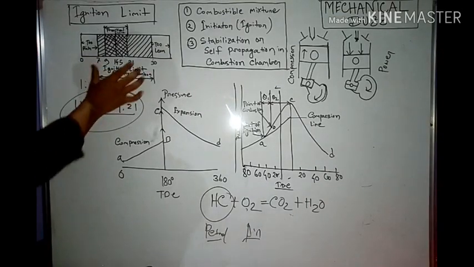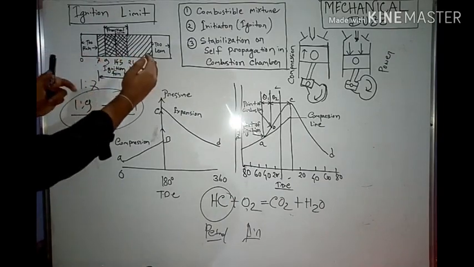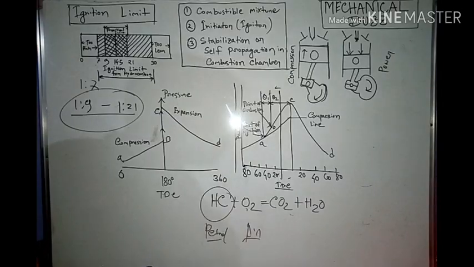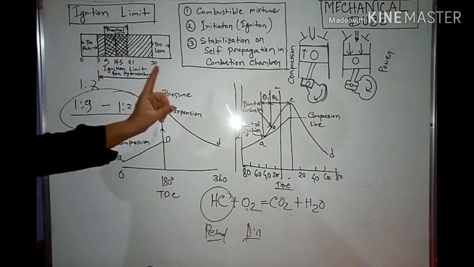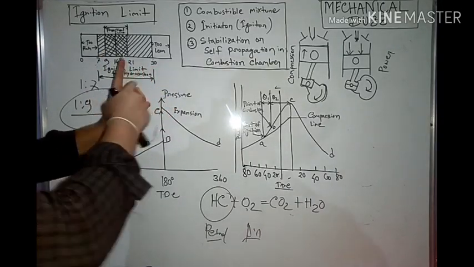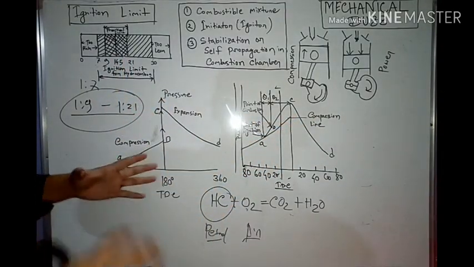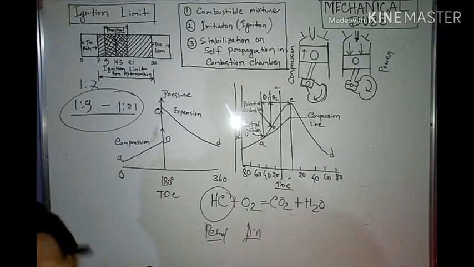So this is the ignition limit. Out of it, beyond 30 is too lean. If there is 1% of fuel and 30% of air, it doesn't make sense to burn and make an explosion with that.